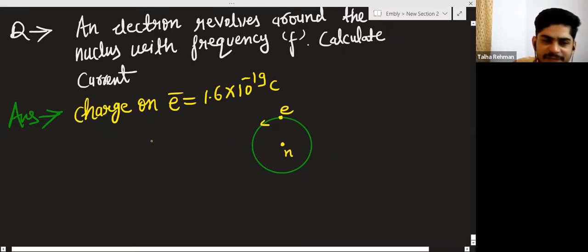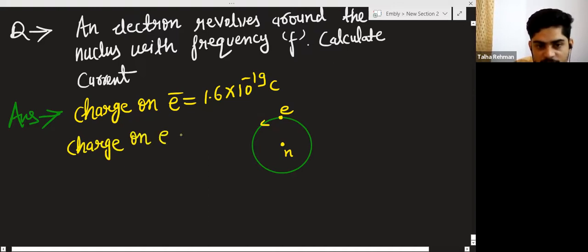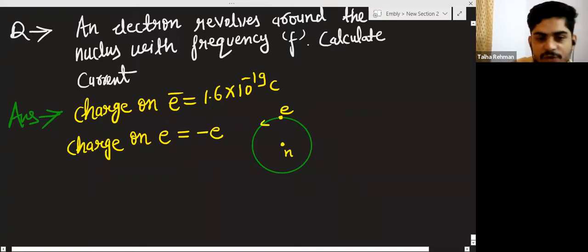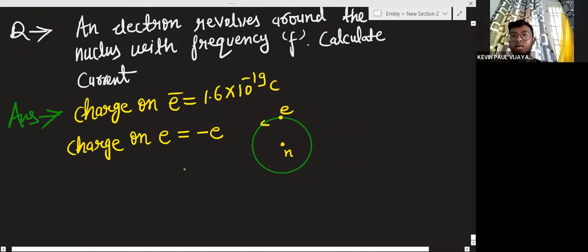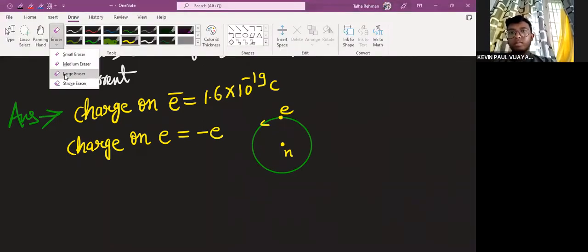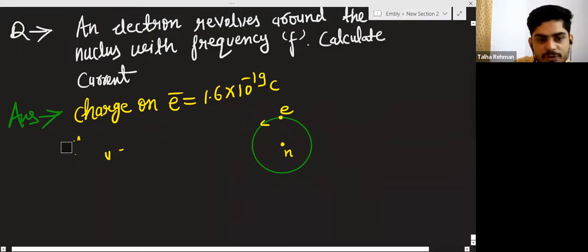So I am representing charge on electron as minus e. I am taking this value as minus e. No problem, we can take. There is no problem. I am just writing charge on electron is minus e.